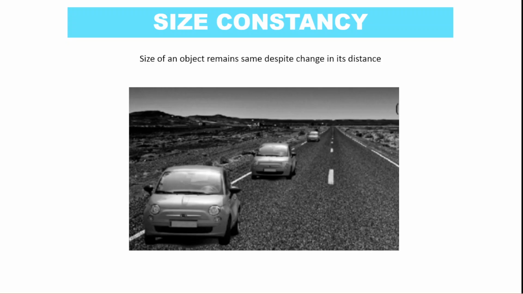As the car comes near us, it appears larger, but our brain knows that it is the same size, in reference to all the environmental cues around us. So that's the basic thing.